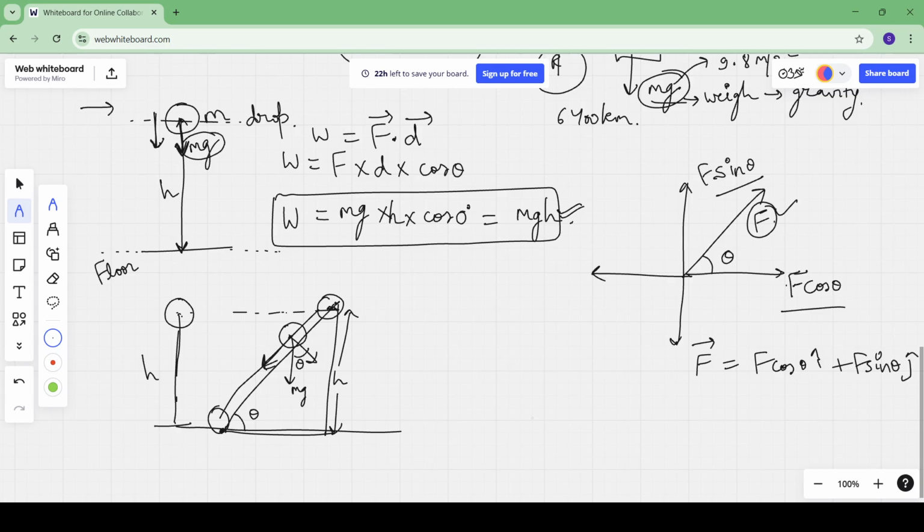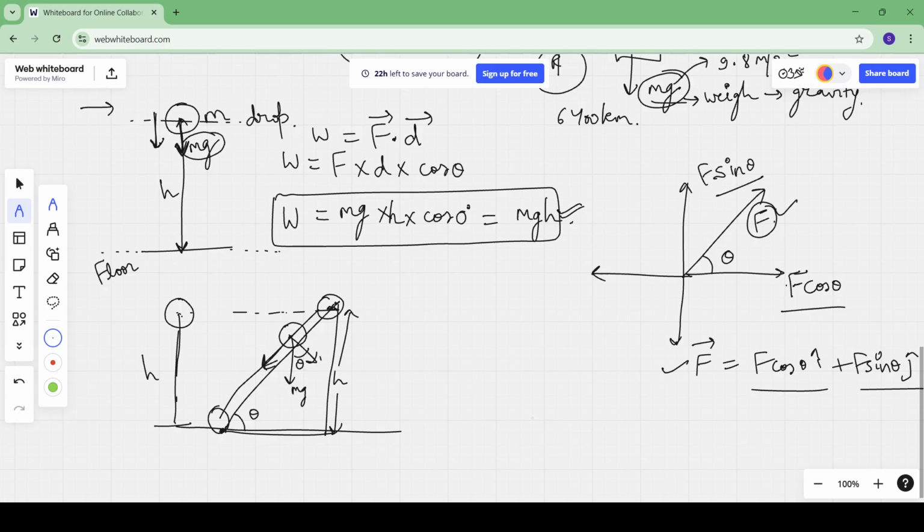So now the force which is in an arbitrary direction is converted into horizontal and vertical components. In a similar way I'm going to write mg. There is theta here, and this theta comes from this theta, which is basic geometry.